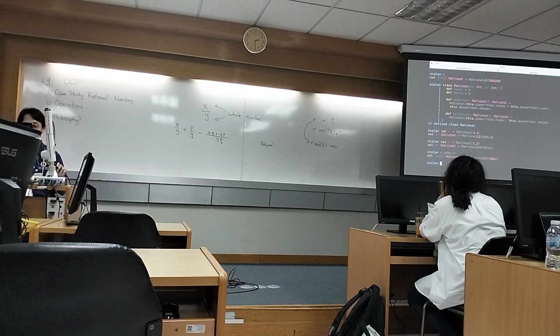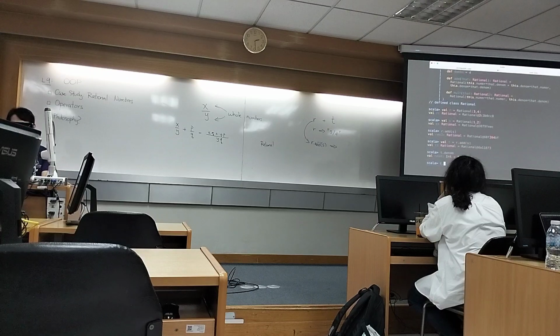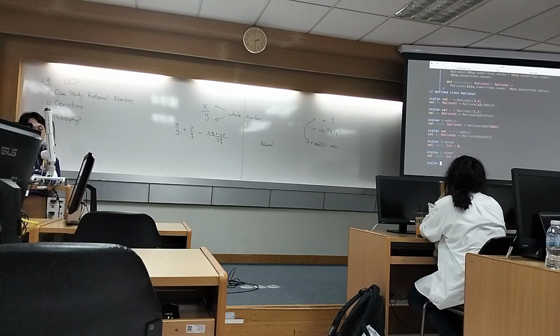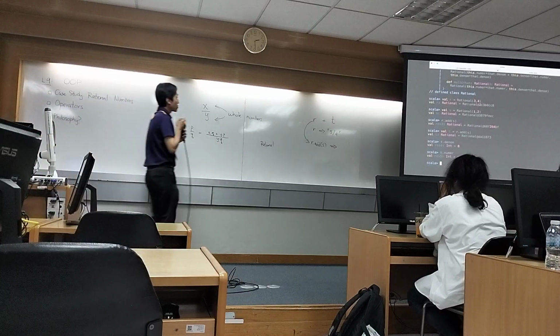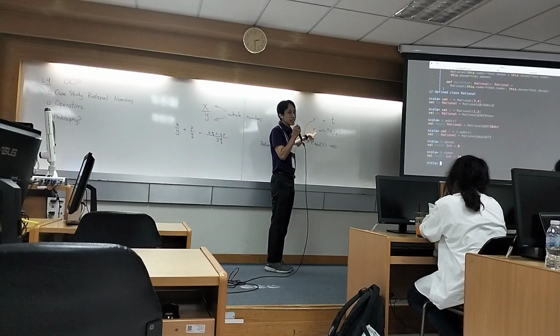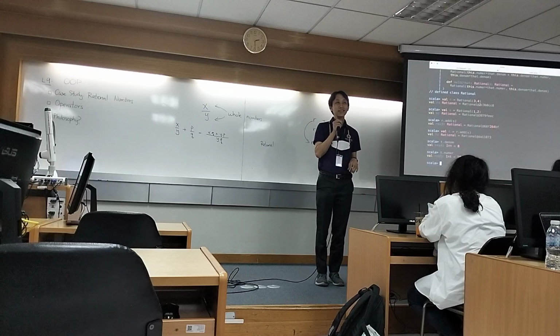We don't know. I can store this inside t and I can inspect it. But wouldn't it be a lot more convenient if I could just see the result? What do I need? Any guess?